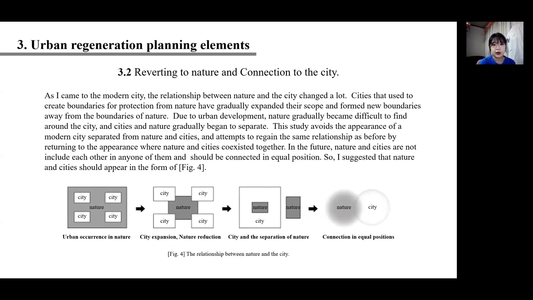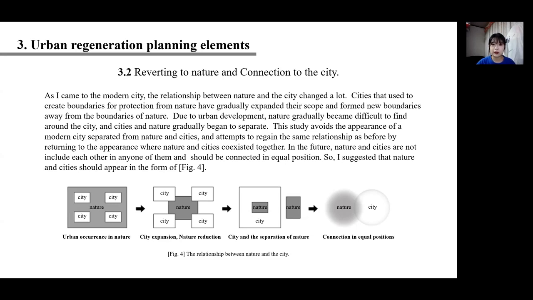Reverting to nature and connection to the city. As we came to the modern city, the real relationship between nature and the city changed a lot. Cities that used to create boundaries for protection from nature have gradually expanded their scope and formed new boundaries away from the boundaries of nature.